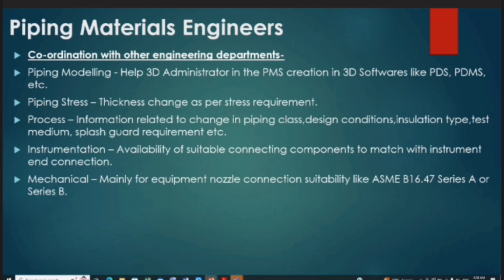But how shall it be used by layout engineers? It has to be transferred to the software. When we are using a software in a company, we have different links. The software which we use for the piping material specification, we can transfer the data from this software to E3D by a single click.